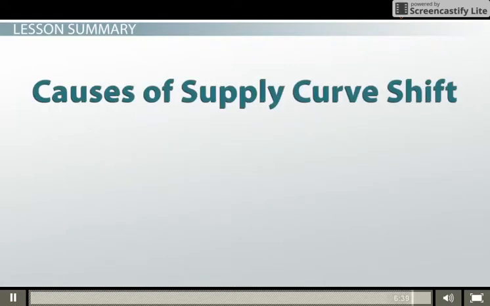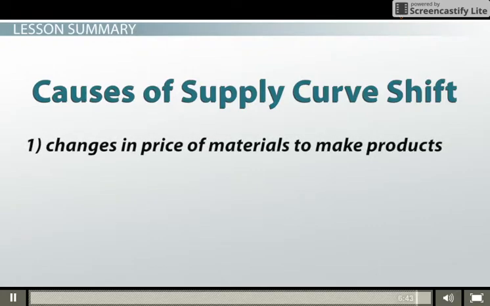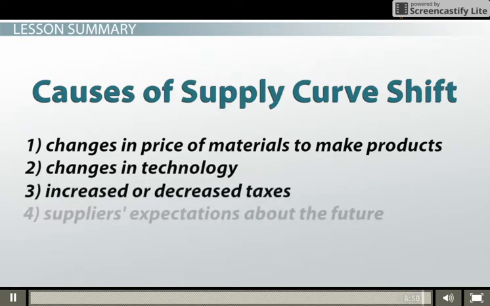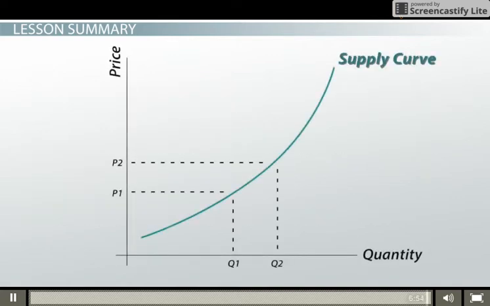Certain things can cause the entire supply curve to shift, including changes in input prices, changes in technology, increased or decreased taxes, and suppliers' expectations about the future. When the entire supply curve shifts, sellers are now willing to offer different quantities of products at certain prices than they were before.